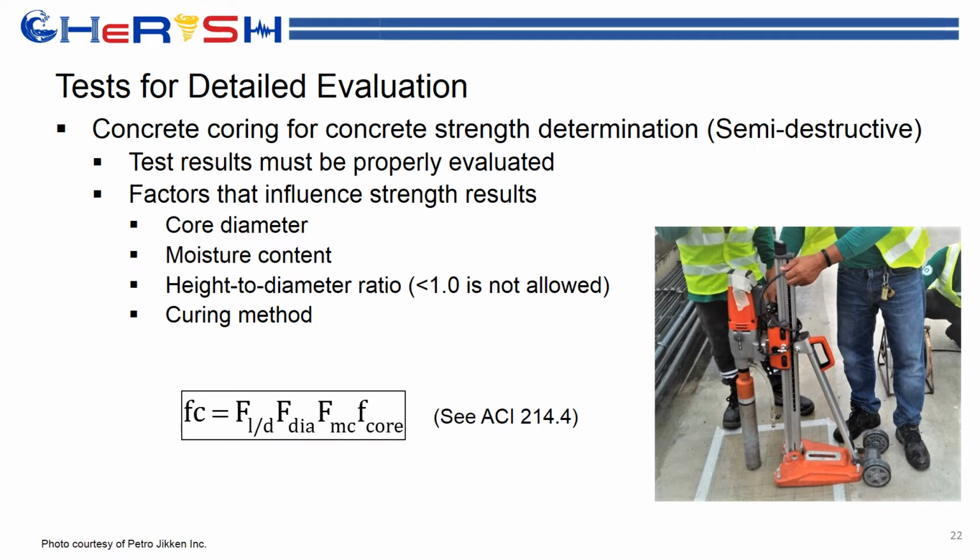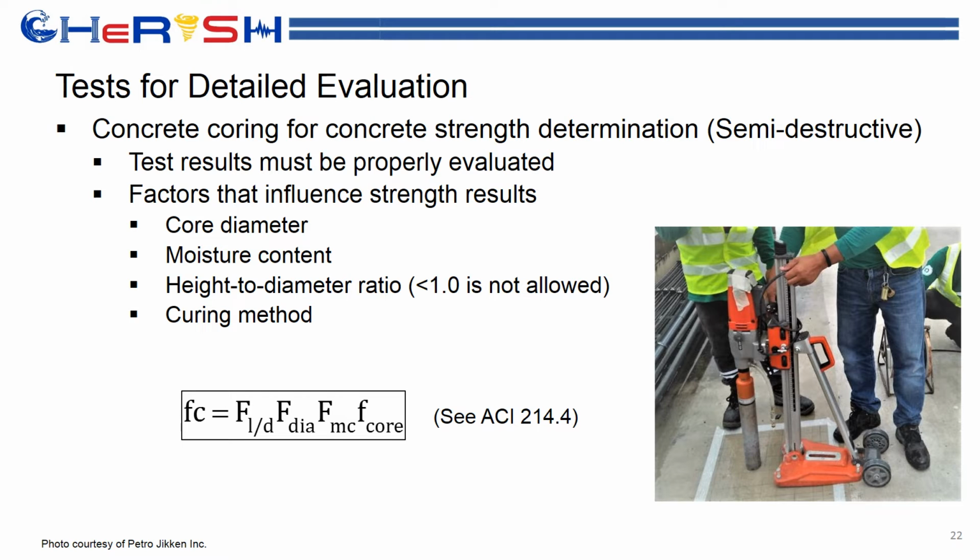Then, after obtaining the test results from the cylinders, we don't just take the average of the test results. What we do is we analyze them and consider several factors that influence the compressive strength. There are correction factors that depend on parameters like core diameter, a correction factor for moisture content, a correction factor for height to diameter ratio, as well as a correction factor for curing method.